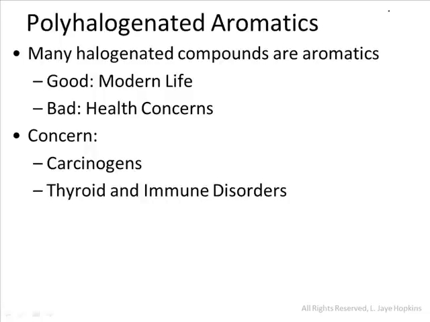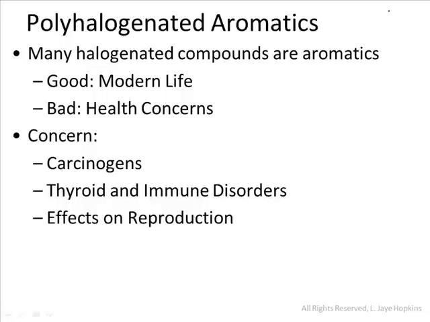Other polyhalogenated aromatics can be linked to thyroid disorders or immune disorders in human beings. And because some of them can act like hormones, as well as for other reasons, they've also been linked to effects on reproduction, to everything from decreasing fertility to genetic disorders and birth defects.